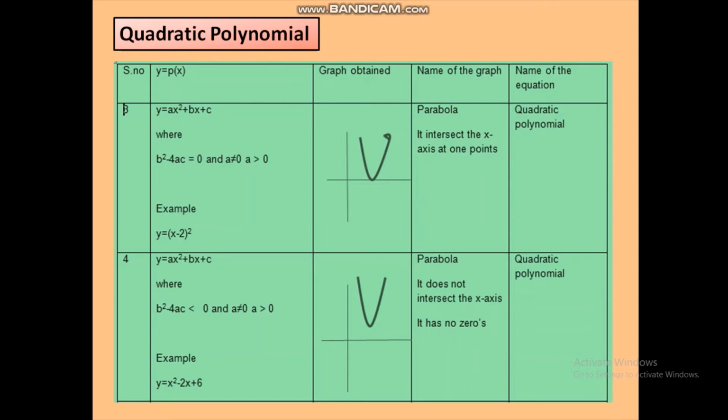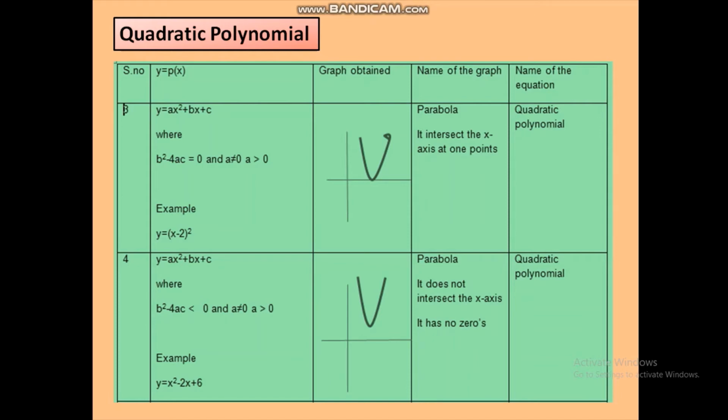If we talk about another situation, y is equal to ax square plus bx plus c, where discriminant is less than 0, that is negative, a is not equal to 0 and also a is greater than 0. So the graph line is again a parabola but does not intersect the x-axis.